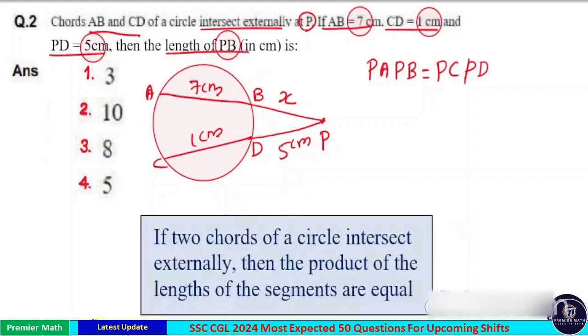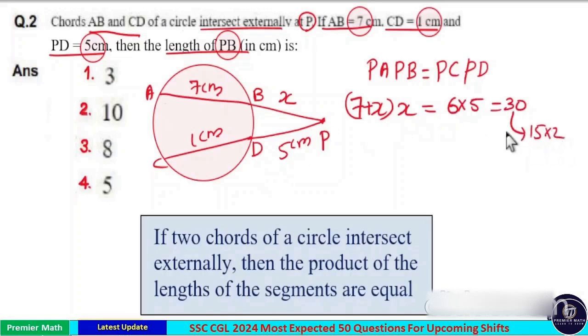This is the concept used here, so let's find the answer. Here, PA means 7 plus X, PB means X. So (7 plus X) into X is equal to PC, which is 5 plus 1, 6, into PD equal to 5. So 6 into 5 is 30. (7 plus X) into X is 30. 30 can be written as 15 into 2 as well as 10 into 3.